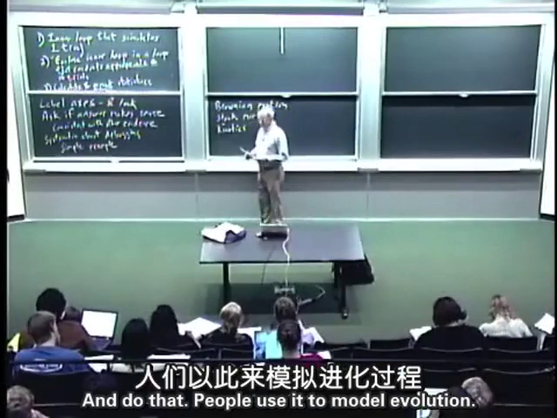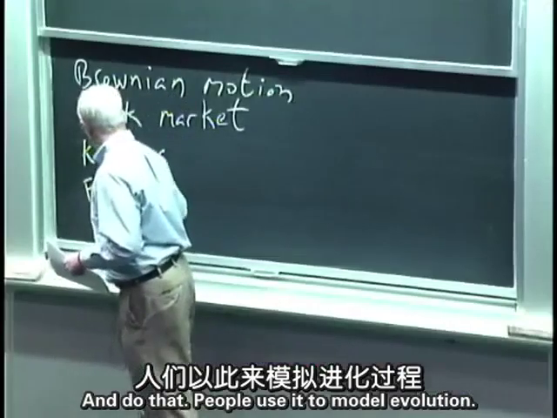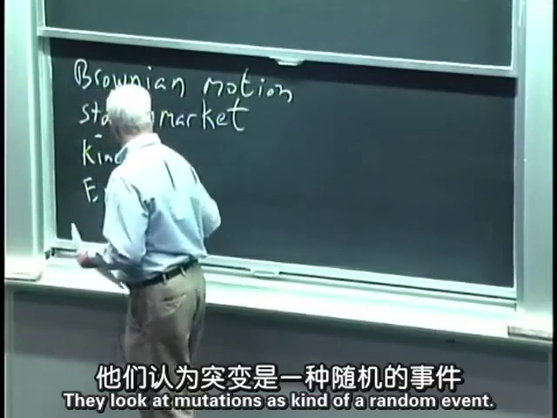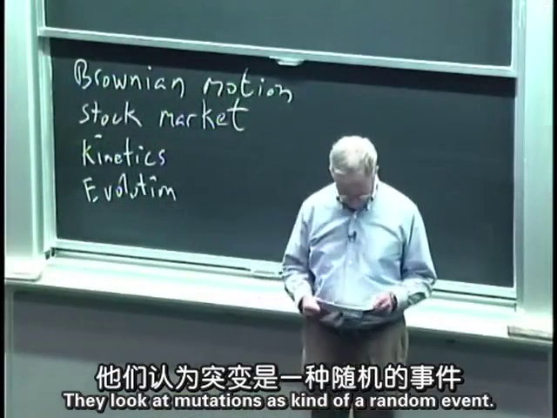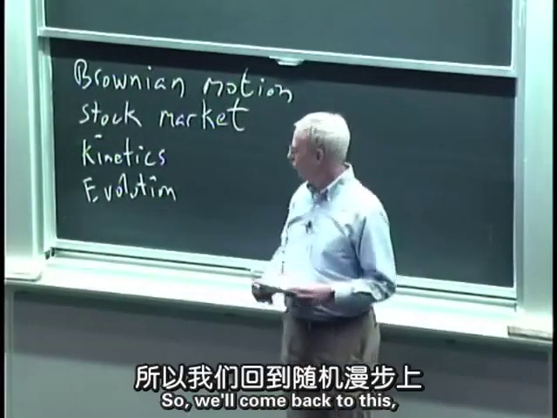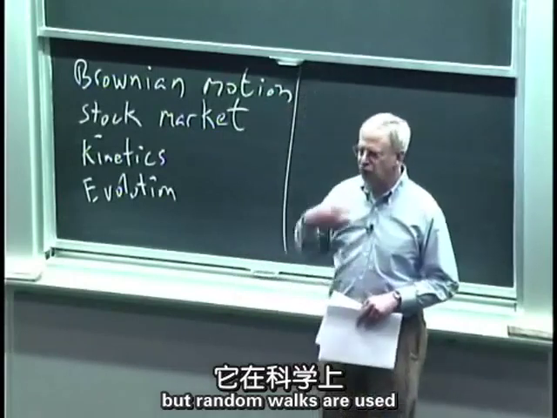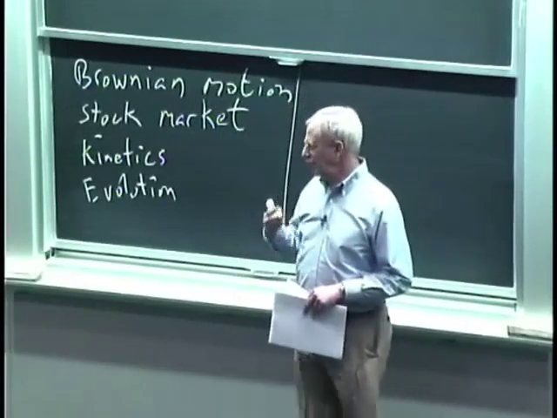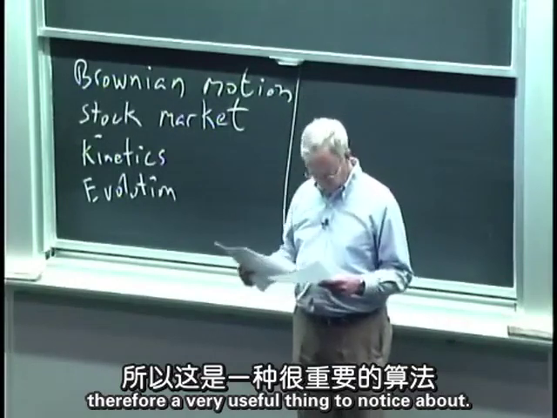People also use it to model evolution, and they look at mutations as kind of a random event. So we'll come back to this, but random walks are used over and over again in the sciences and the social sciences, and therefore it's a very useful thing to know about.